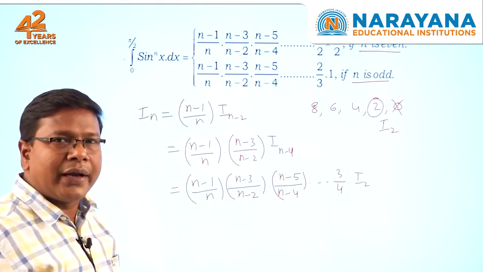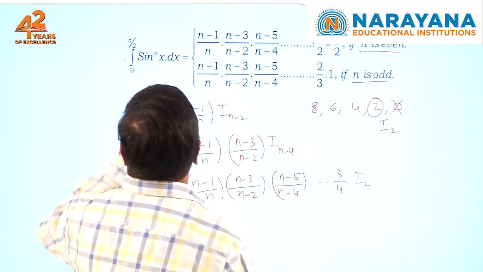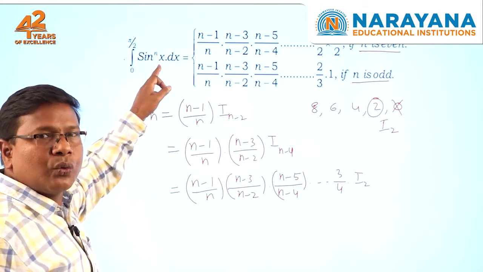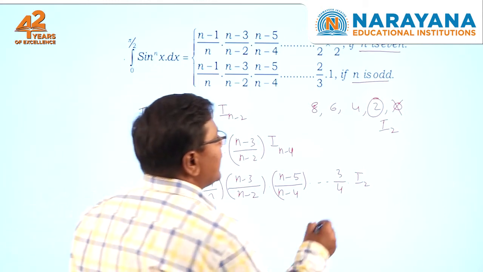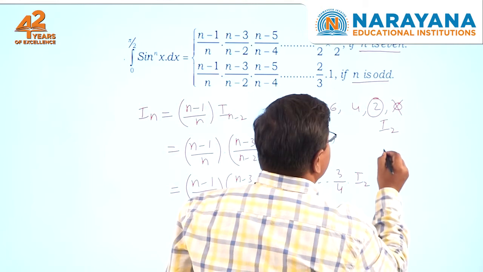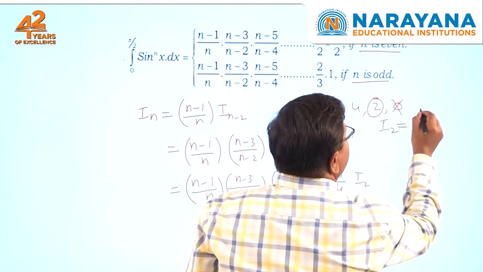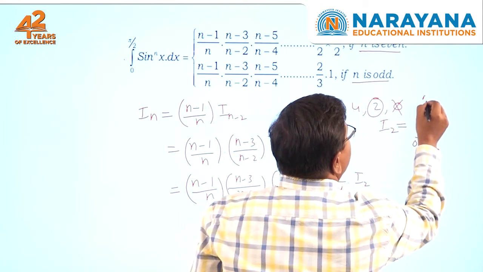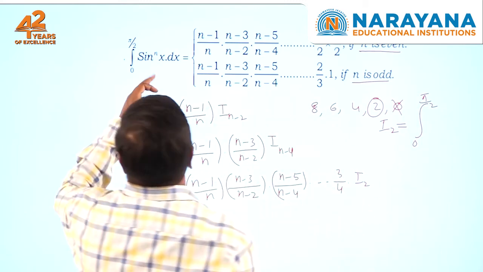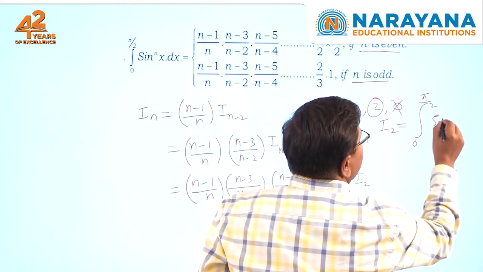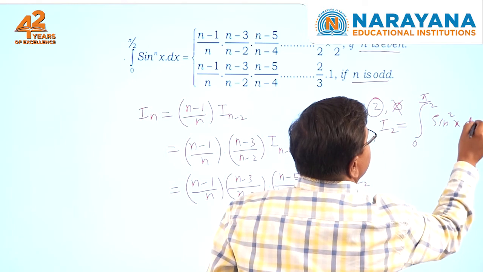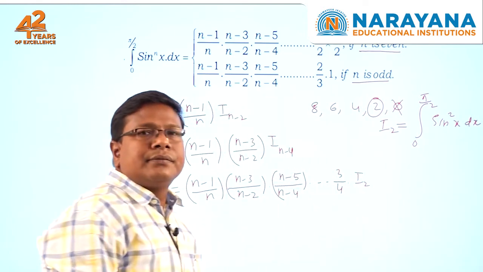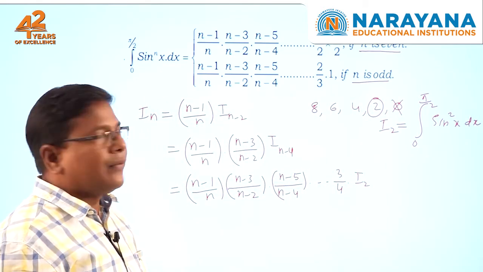What is the value of I2? I2 means in the place of n we need to write 2, right. That means I2 is the integration of 0 to pi by 2 of sin square x dx. Now, we need to find the value of this.